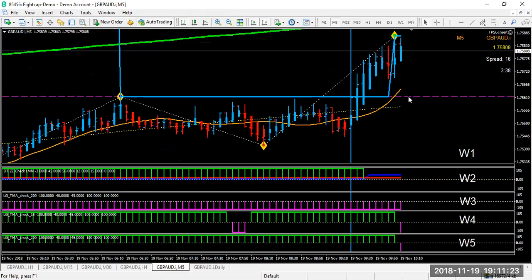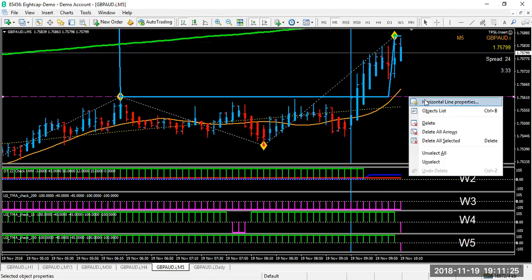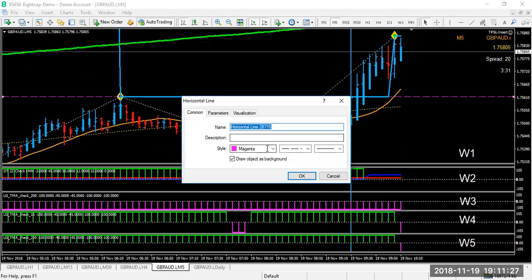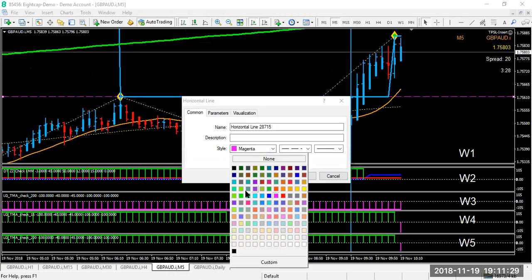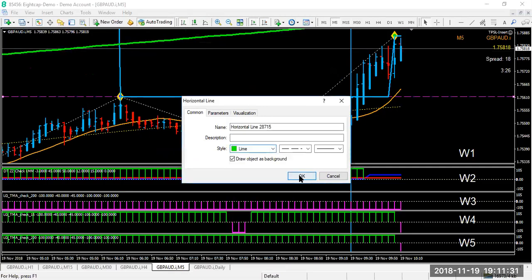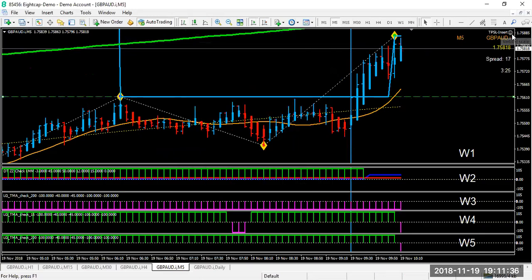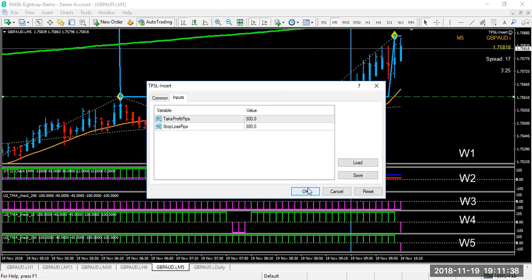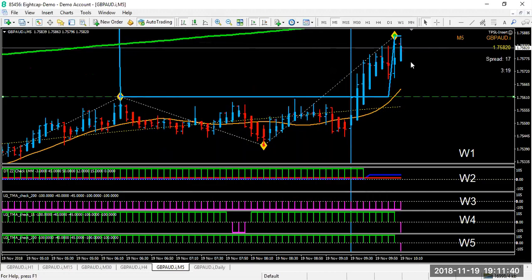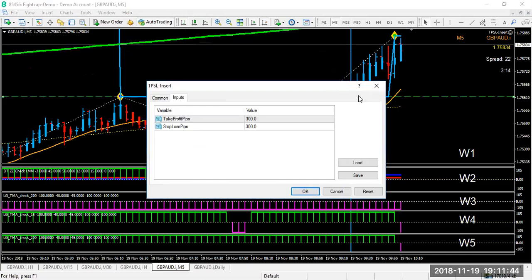So what I'm going to do is put a green color, because green is the color your order would look like there. That's what your TPSL will do. Once you put that on, in this case it would be putting a 30 pip stop level.